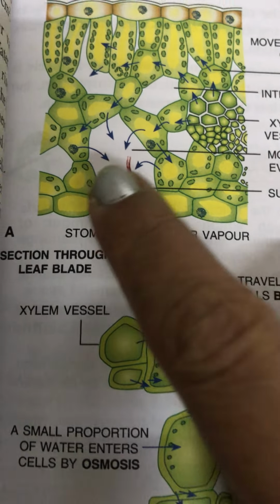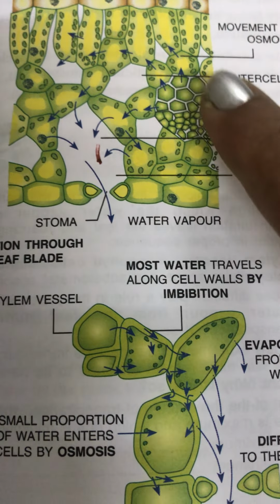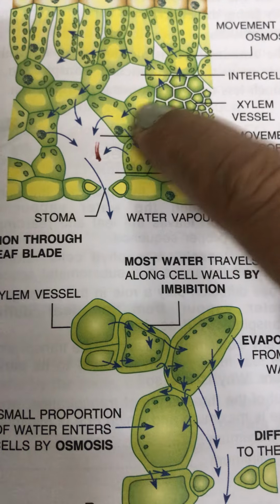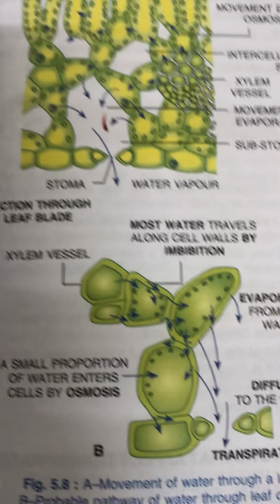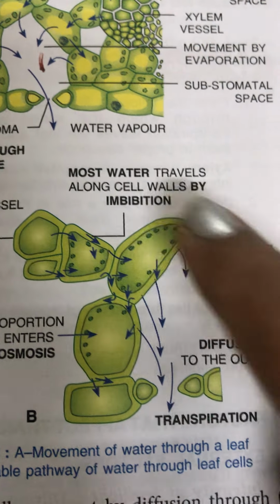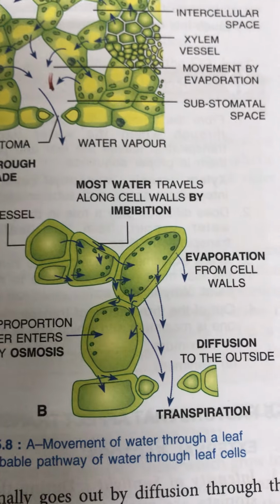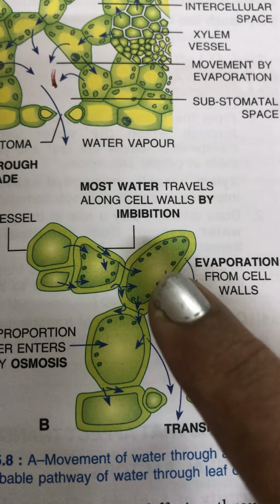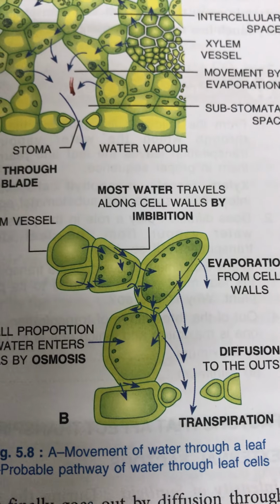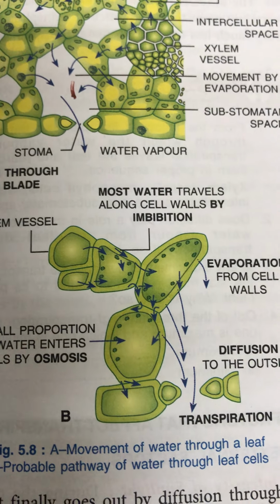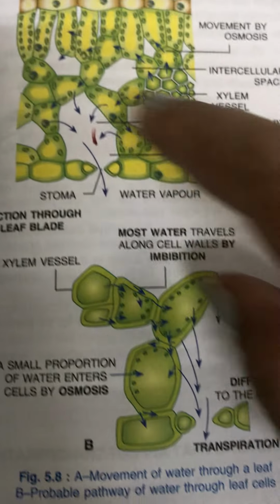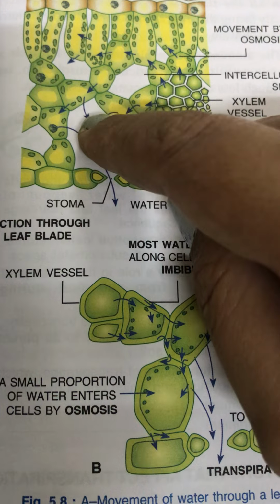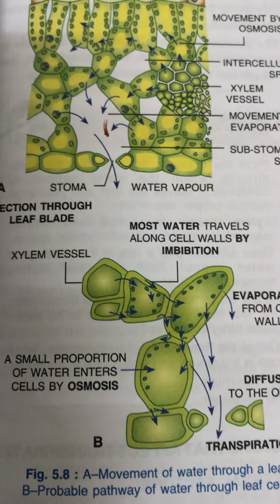So this movement is occurring by diffusion, and this movement is occurring by osmosis, and along the cell wall what movement is occurring? By imbibition. So water is moving by imbibition and by osmosis, and water vapor is moving by the process of diffusion from intercellular space to the substomatal space, and from here to the outside.